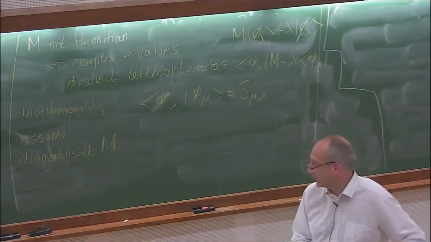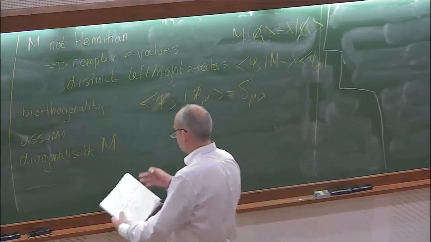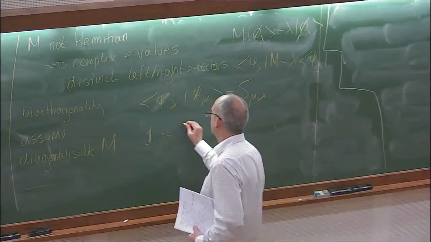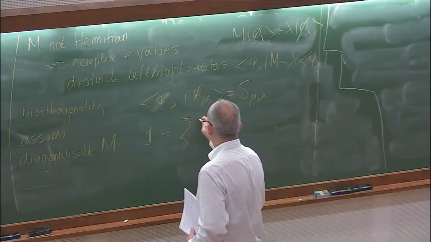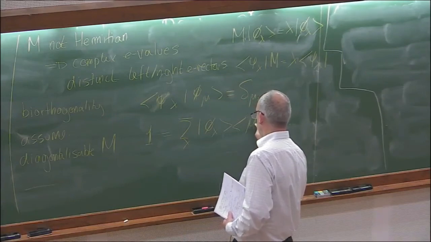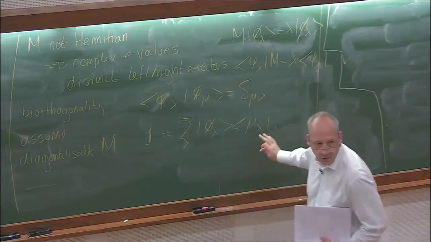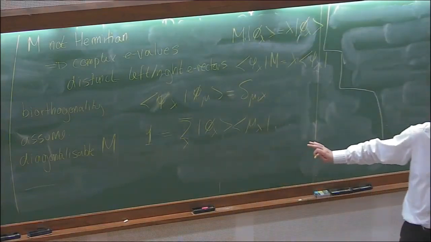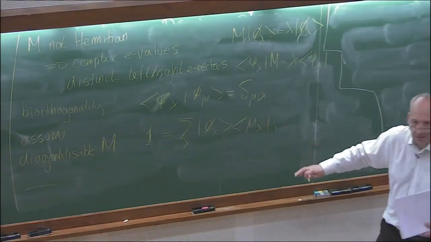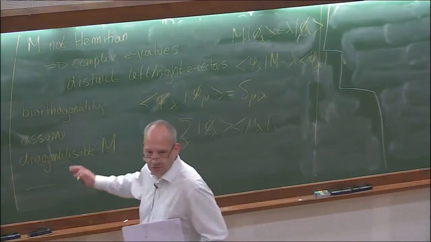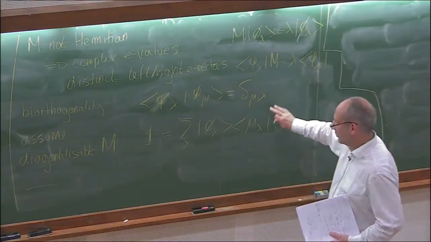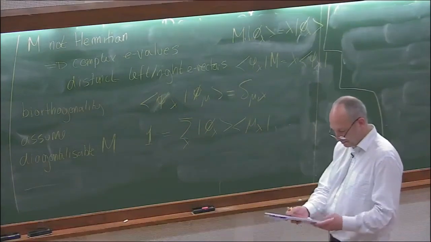Then I can write a complete set of states. So write identity as the sum over lambda of phi lambda psi lambda. Hopefully this complete set of states you're familiar with from quantum mechanics. And I saw it last week, Kedar was using this quite a lot. Okay, so then if we've got that, then we're in business.